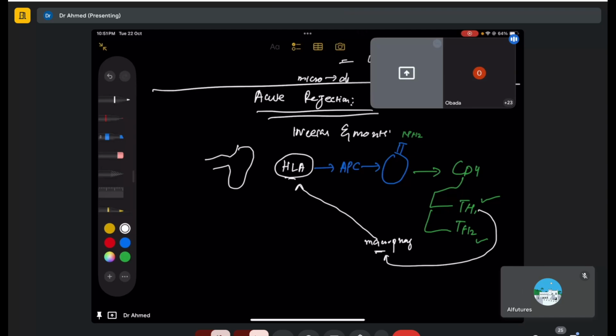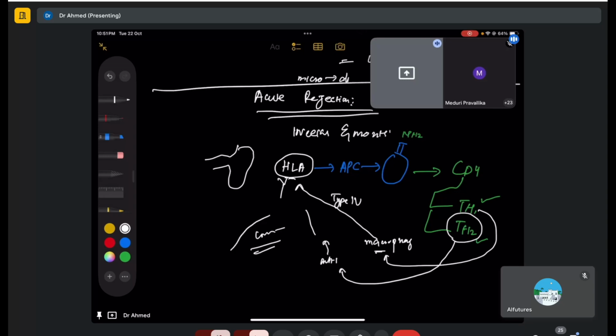So it is an example of which hypersensitivity, guys? Type 4. Okay, perfect. It's type 4 hypersensitivity. What if these antigen presenting cells just give you a TH2 response? They produce antibodies from B cells, IgG tags it, and the complement system comes. So what's the hypersensitivity?